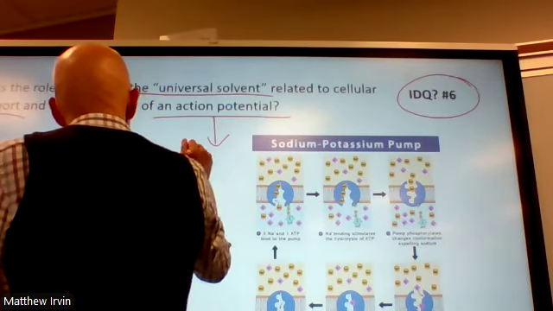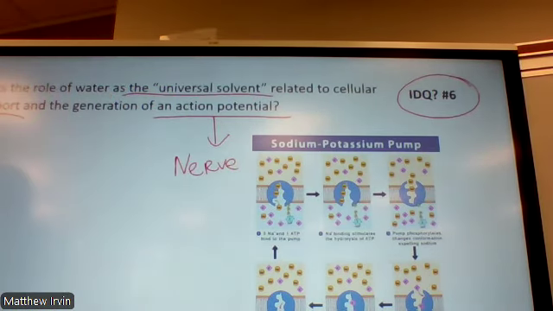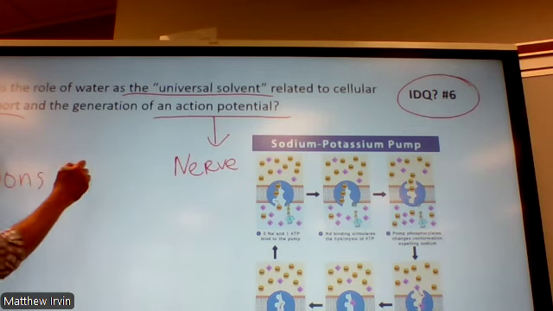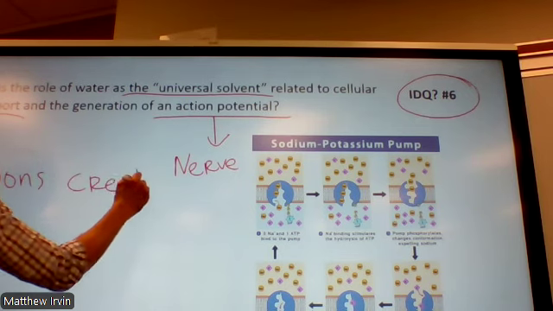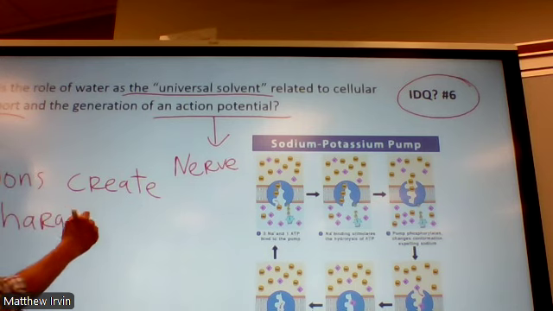So remember, action potential is your nerve. So in order for this to work, we need to have ions. And these create the charge differential.